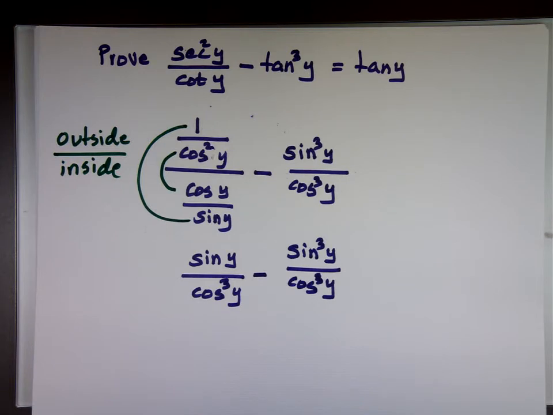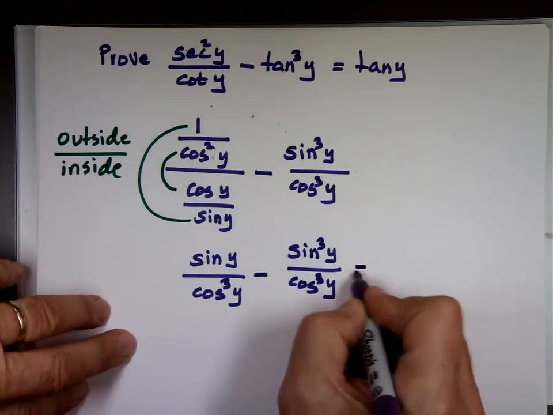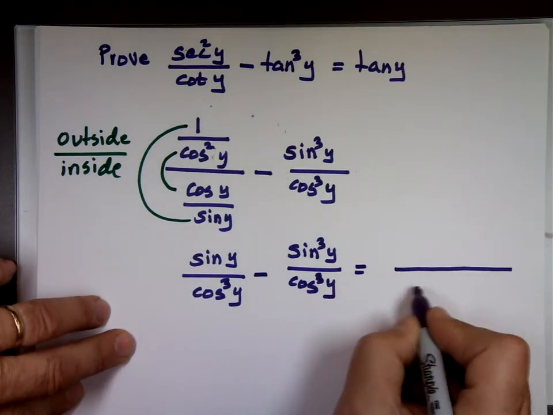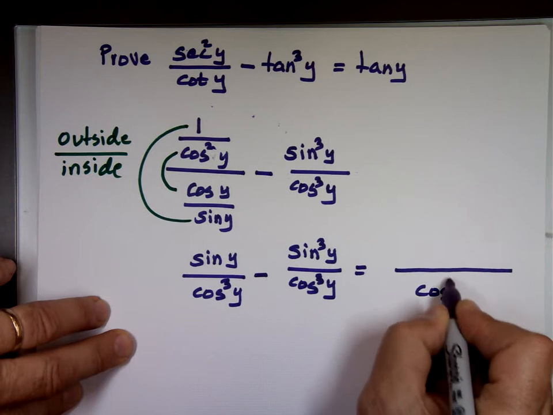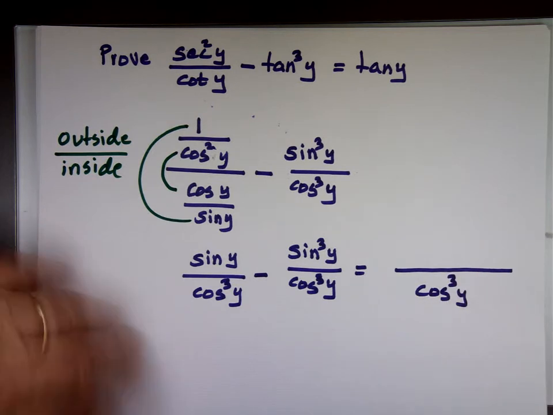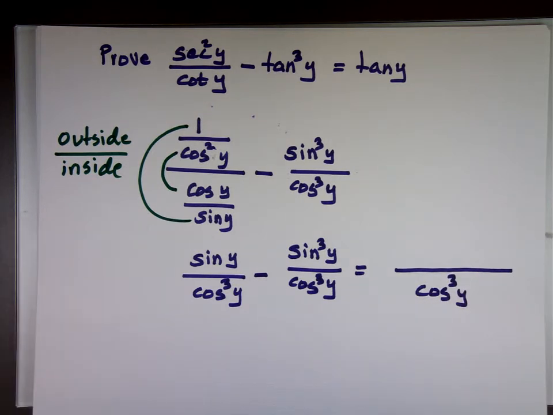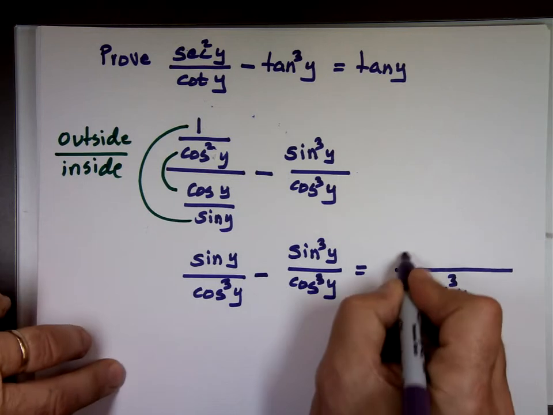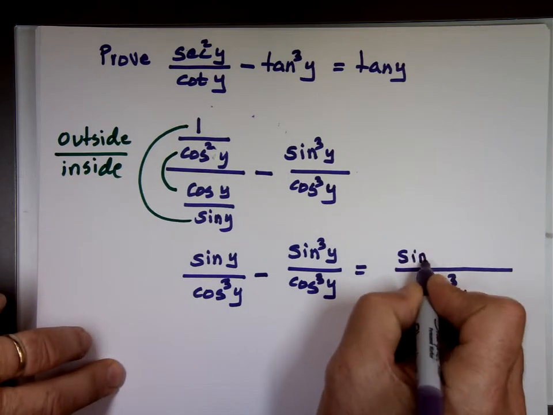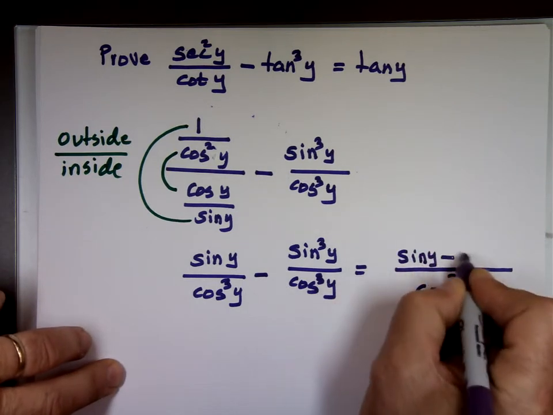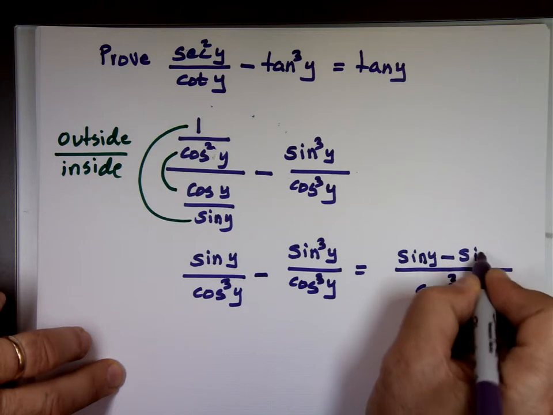Now what do you notice about the bottom? Same. So when you're adding or subtracting fractions, you want a common denominator. Lucky for us, we do have one. What is the top going to be? Sine of y minus sine cube y.